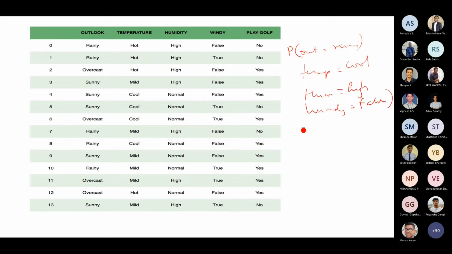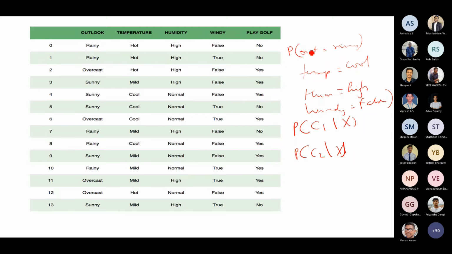So you have probability of C1 given X, where X is what I have given here. You need to find probability of C2 given X, and then determine which class this belongs to. So you have to find probability of X given C1 and X given C2 for each of the features.